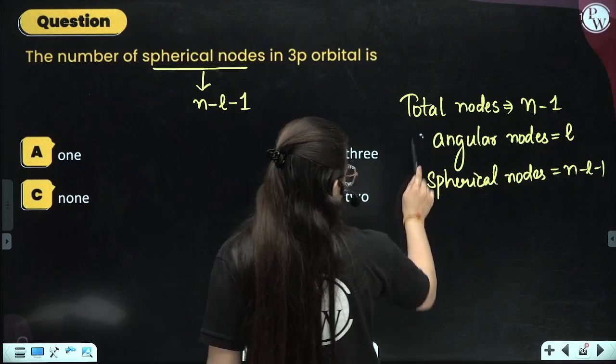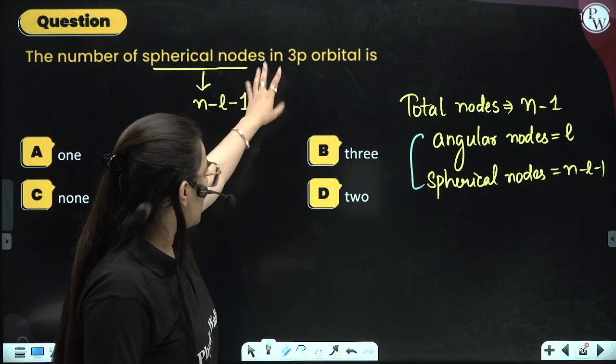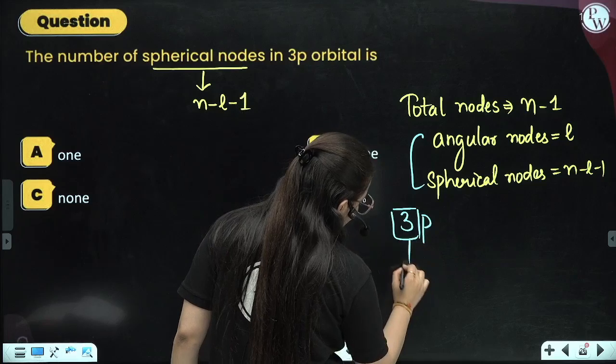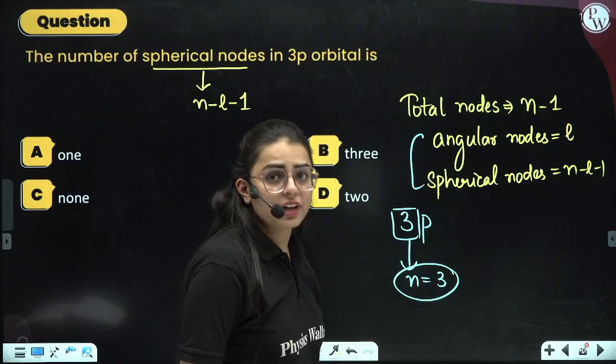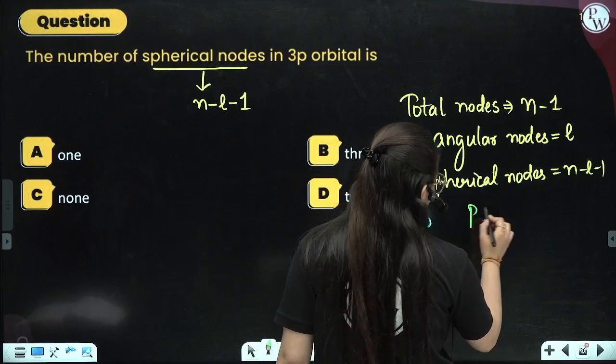If you remember these two formulas, the third is automatically remembered, you're going to add them all together. Now see, we have 3p. This number represents n. N over here is 3. What is the p value over here?